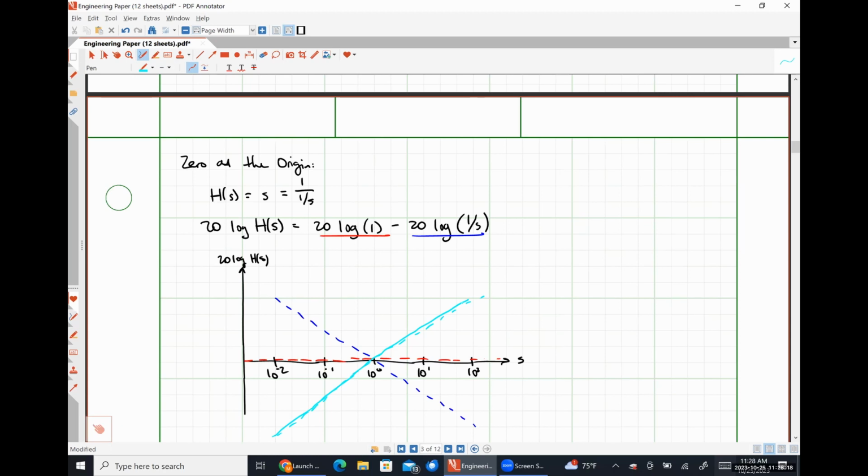So out here, 0 minus 40 decibels gives me negative 40 decibels. 0 minus 20 decibels would give me negative 20 decibels, and so on and so forth across the whole thing. And let me explicitly write the dB values on the left-hand side, right? So here's 40, 20, 0, negative 20, negative 40, and so on.